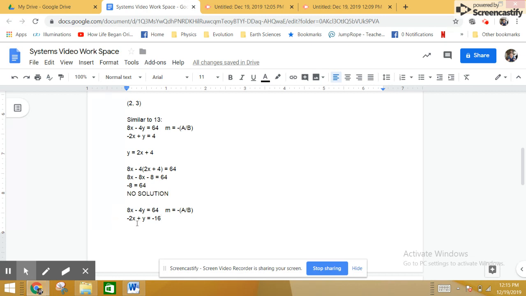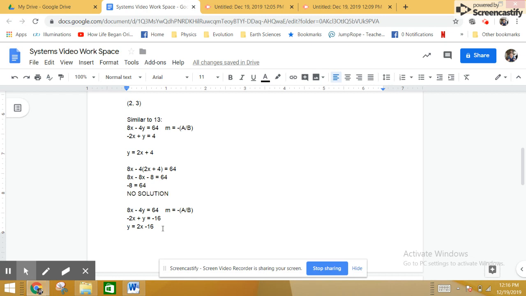Again, I don't have any variables isolated, but this y is the easy one to isolate, so let's pick on it. I'm going to copy that so I have a place to work. To isolate it, I'm going to add 2x to both sides. So plus 2x. So now I have y equals 2x minus 16.